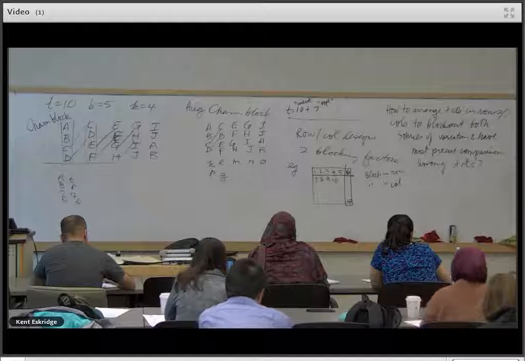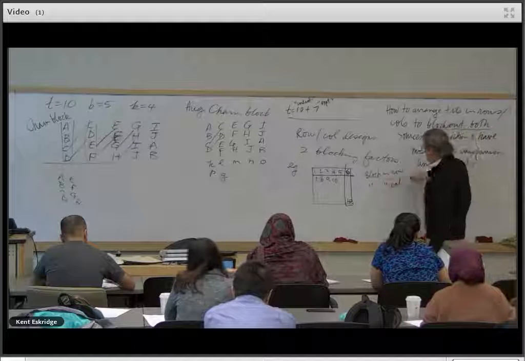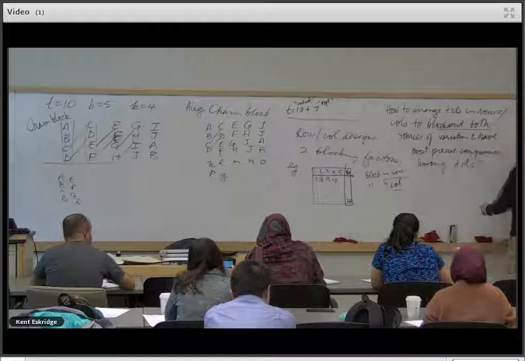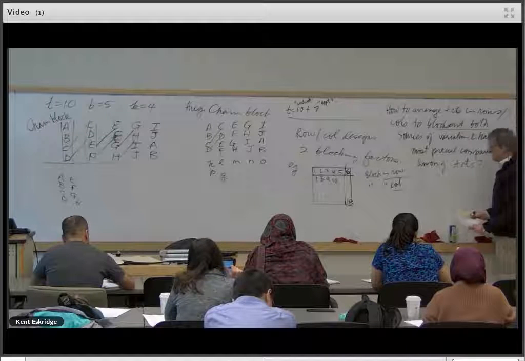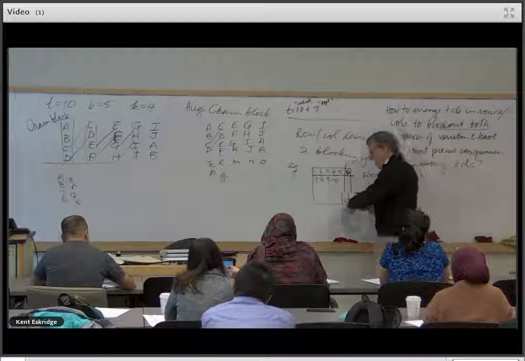So how do I block out both sources of variation, in this case rows and columns, and at the same time give me the most precision on comparing treatments?